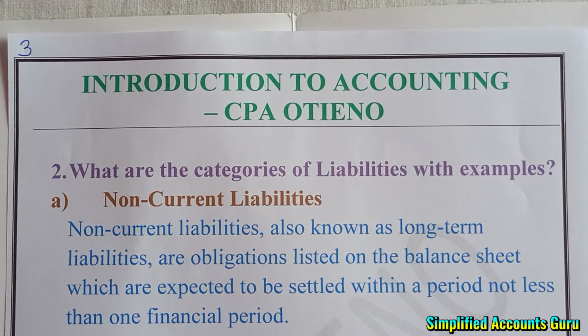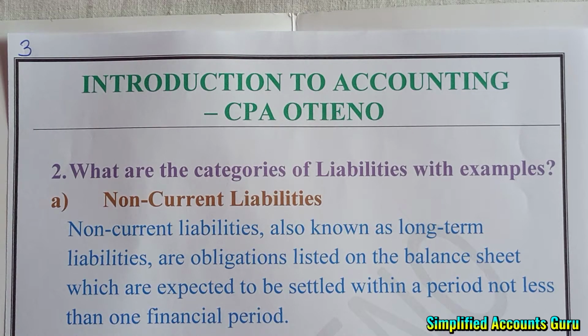The categorization on this side is the same as the one on the side of assets. Non-current liabilities are those liabilities that are expected to last in the business for more than one financial period before they are settled.